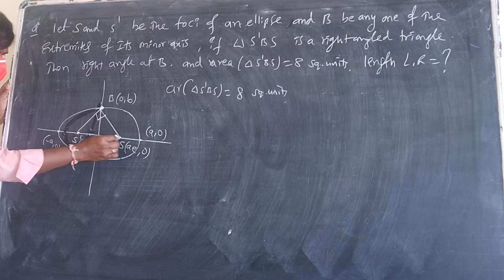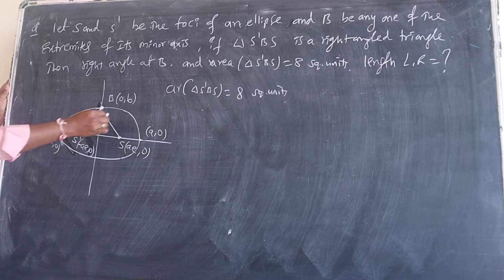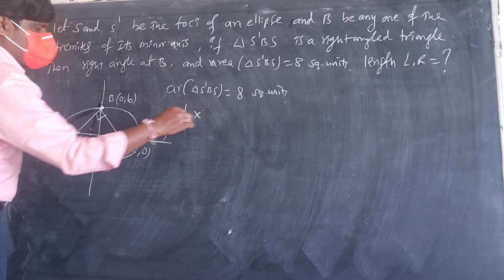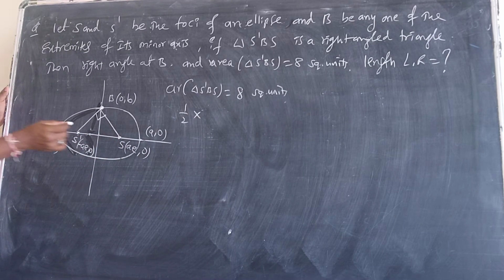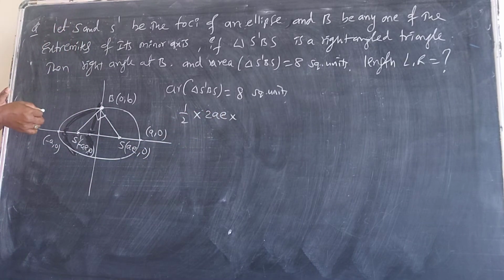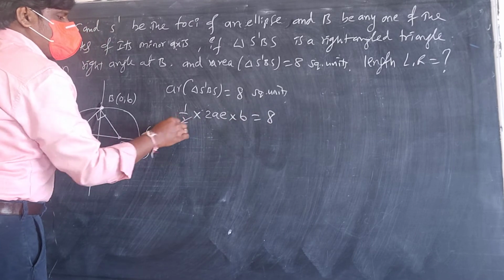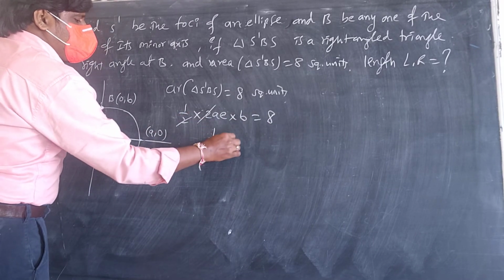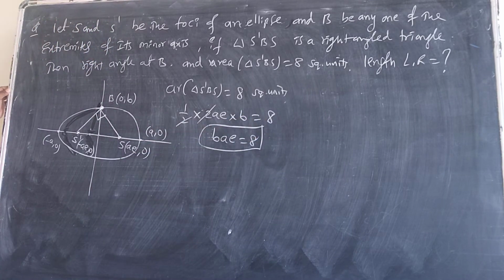So this length will be the base and this length will be the height. Area of the triangle is half into base. The base will be ae plus ae, that is 2ae, and the height will be b, and that is equal to 8. So the 2 gets cancelled. b into ae is equal to 8, one part you got.